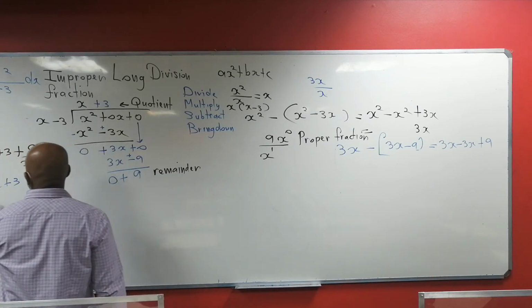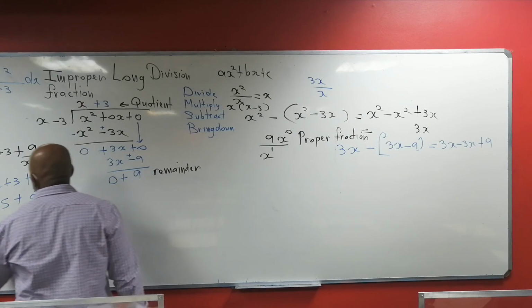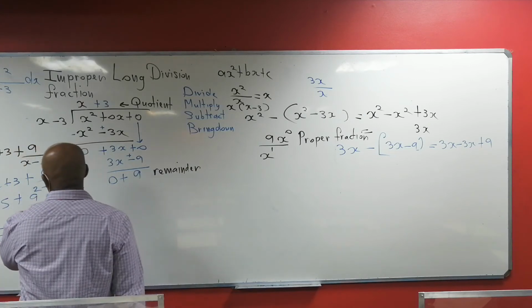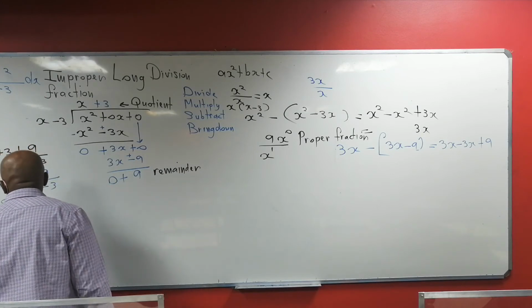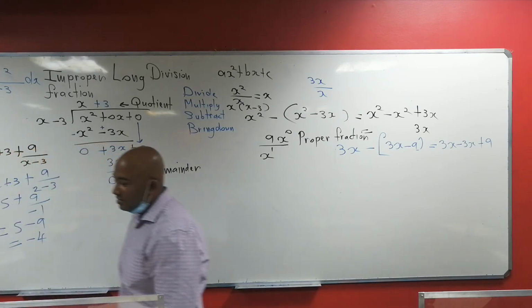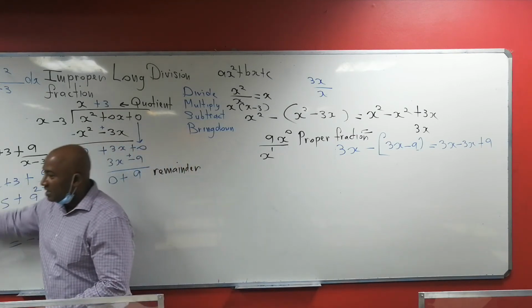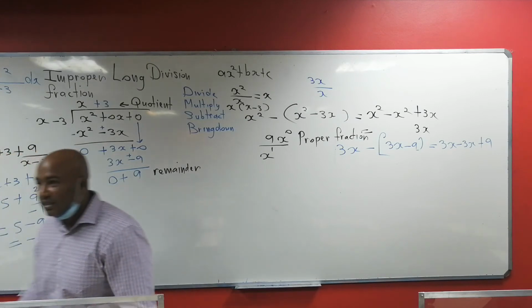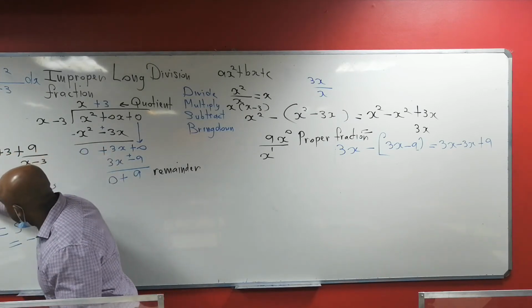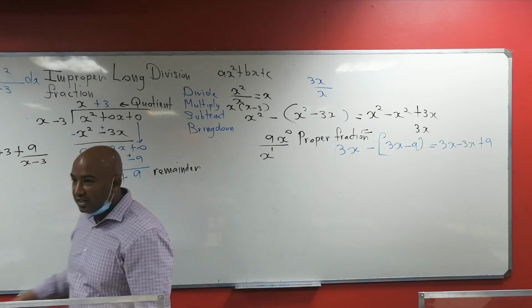So 2 plus 3 is 5. And then plus 9 over minus 1, so 2 minus 3 is minus 1 there. So it's going to be 5 minus 9, which is equal to minus 4. Right. So we got minus 4 on the right hand side, minus 4 on the left hand side. Obviously, this is done within a few seconds. You check that to make sure that your long division is correct.